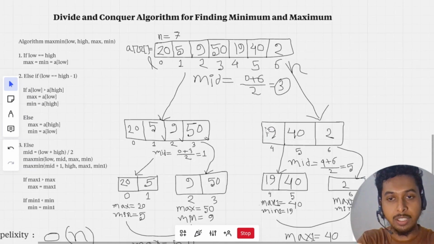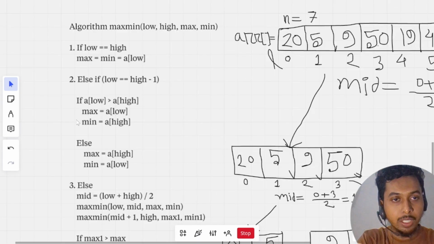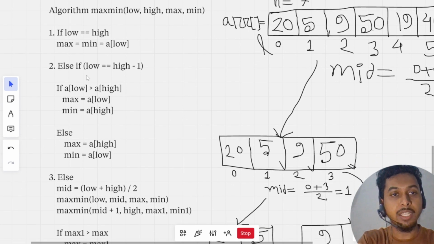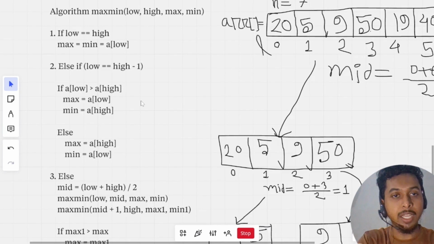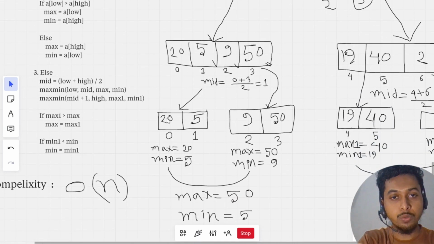So let's see an example. In this array there is only one subarray, with only one element. In this second part there are only two elements in the array. Let's see, there are two elements. We just compare the lower index and the higher index of this array.